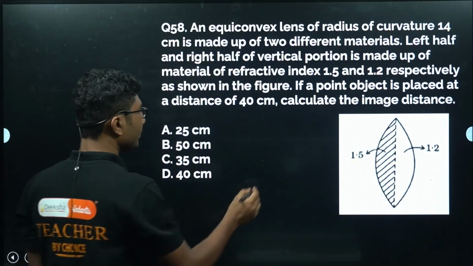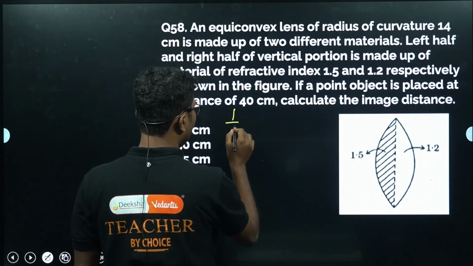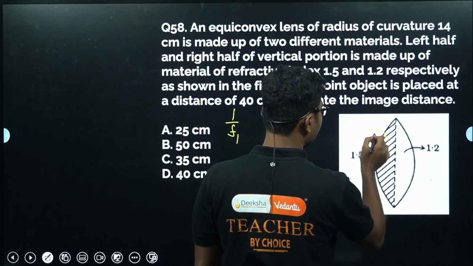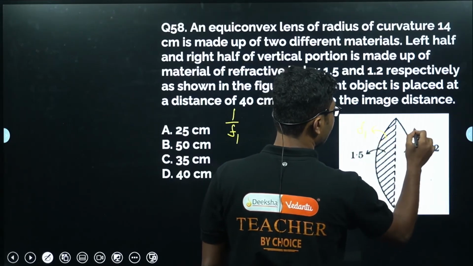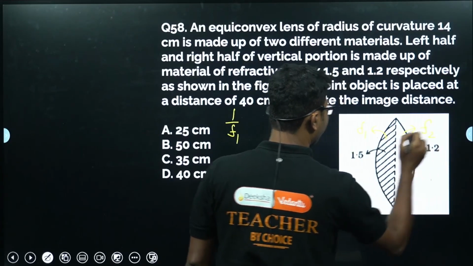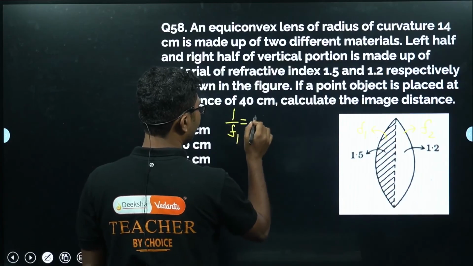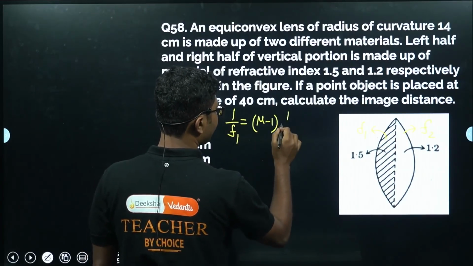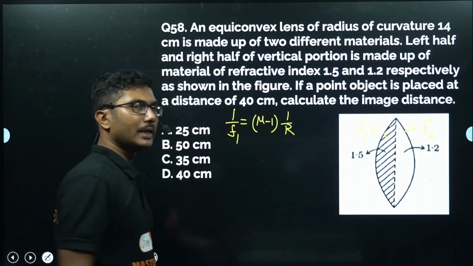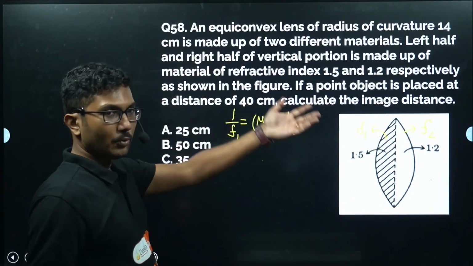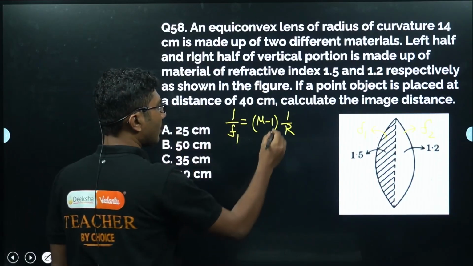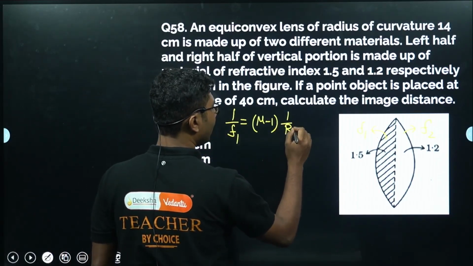First of all, we have to use the lens maker formula to calculate the focal length of each side. Suppose this side is f1, this side is f2, then from the lens maker formula it will be mu minus 1 times 1 by r. The other r will be either 1 by infinity or minus 1 by infinity, so it will be cancelled, and in both cases you will find only this.